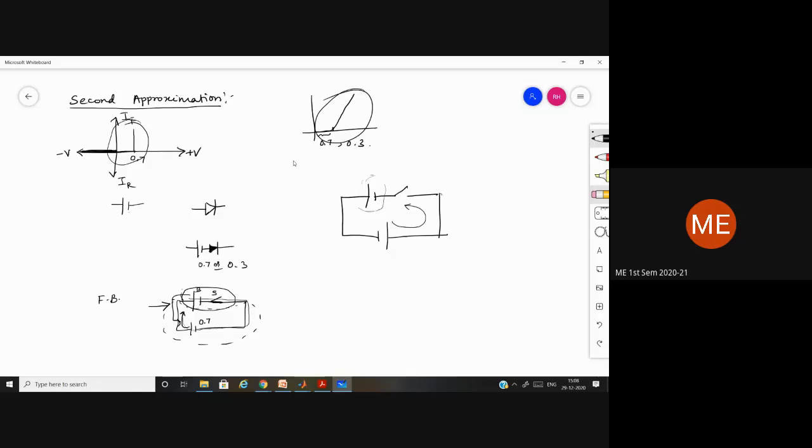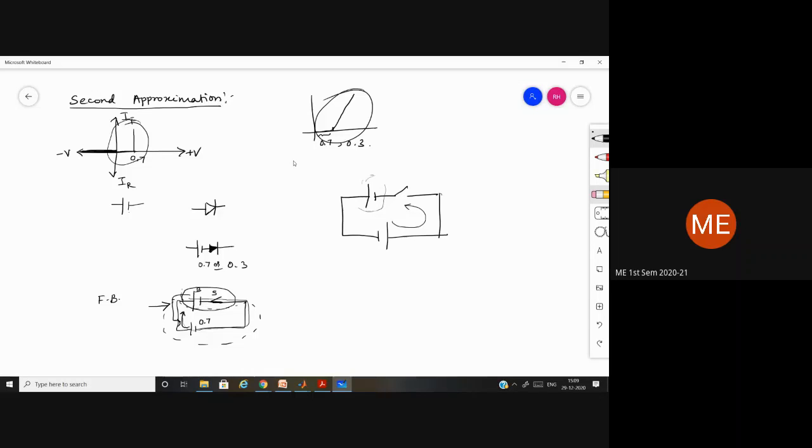Under reverse bias condition, since we assume the diode will be in open switch condition, the current will not flow; the current will be zero. But in forward bias, when your input becomes greater than the voltage of the inbuilt battery of the diode, you will be getting current. But still, when they compared the second approximation, that was a slope, but this was a straight line.